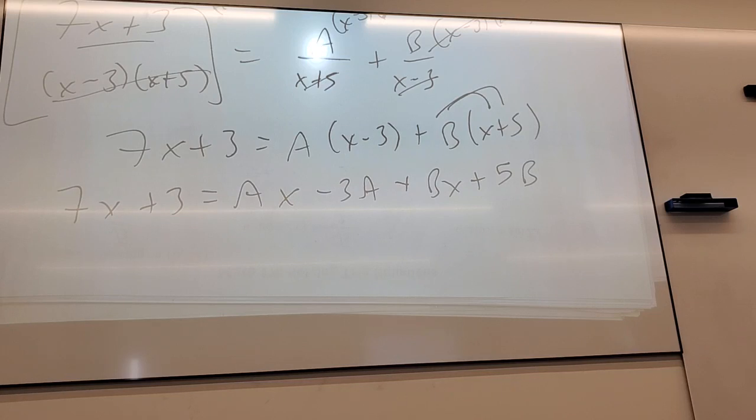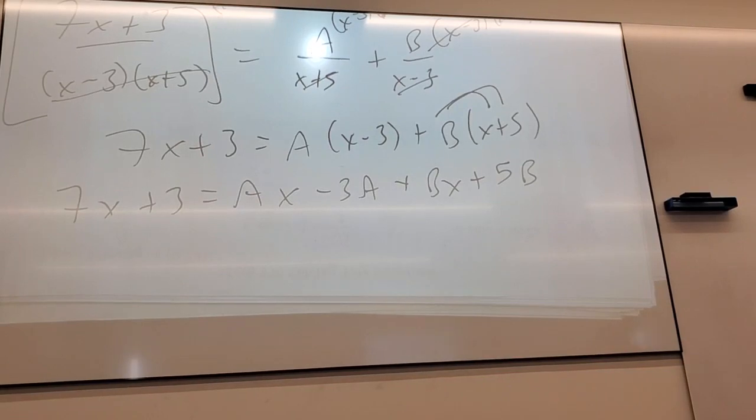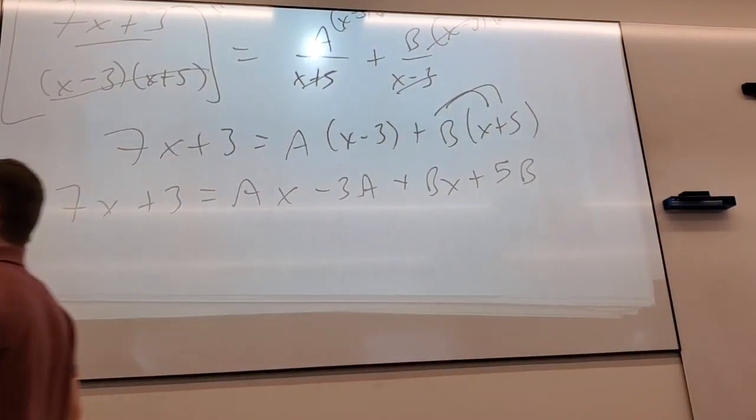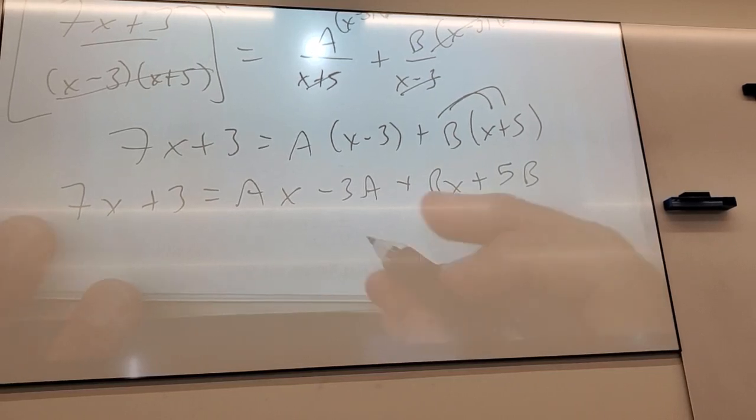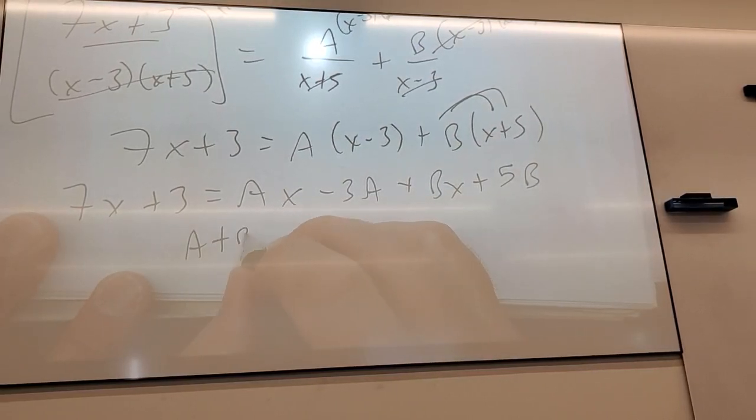So, this is something called equating coefficients. Let's see if you guys are with me. What are the coefficients of the x on the right-hand side? A and B. And what's the coefficient of the x on the left-hand side? 7. So what must A plus B equal?